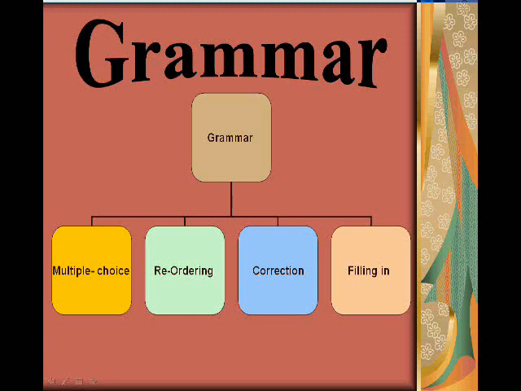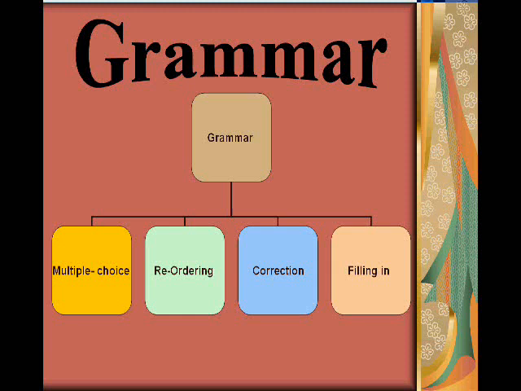They are also 5. Then we have correction, where you have a mistake and the word is underlined, and you are to correct the underlined word. These are also 5 sentences, or can be 5 questions. And then we have filling in, and this is again 5 spaces to fill in, but it has a different shape.